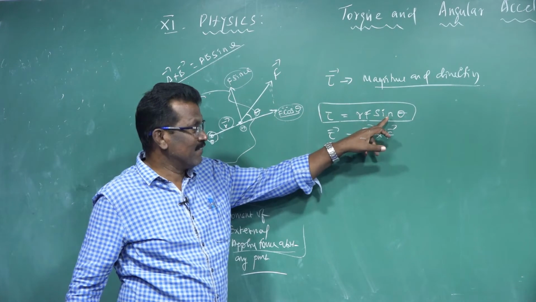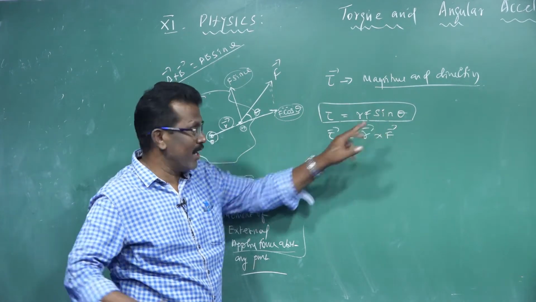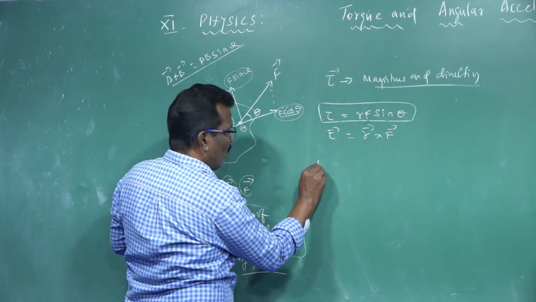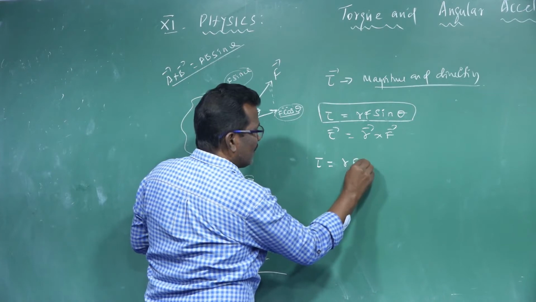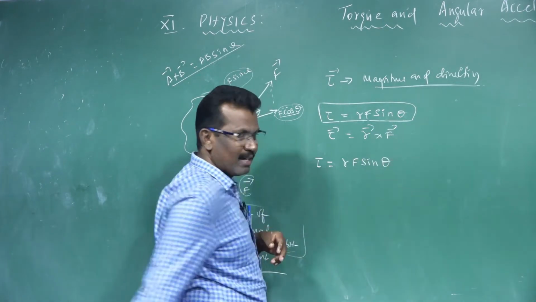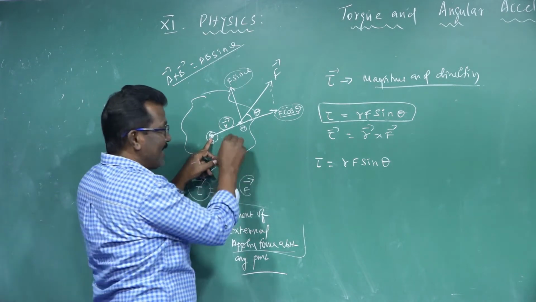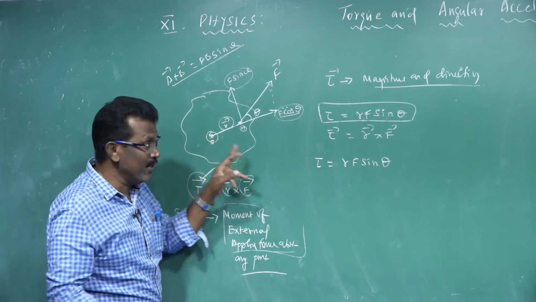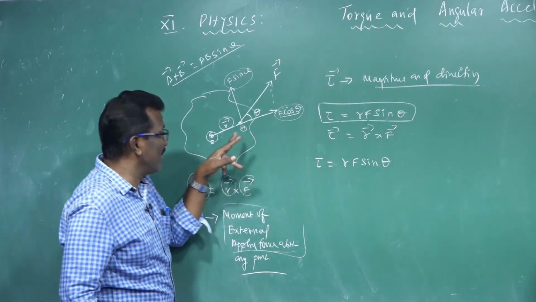So there is a torque produced, and the torque has a magnitude. The magnitude depends upon the angle theta and also the position vector.